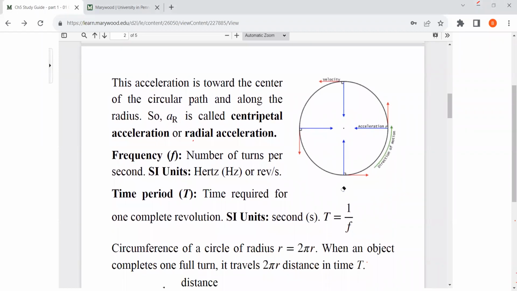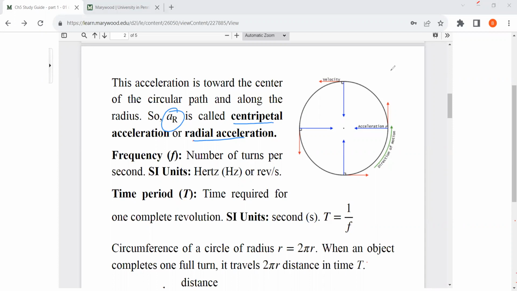Okay, as you already know, the direction of the centripetal acceleration is to the center or along the radius, so that's why we call it centripetal acceleration or radial acceleration. And we use a_r to represent centripetal or radial acceleration.